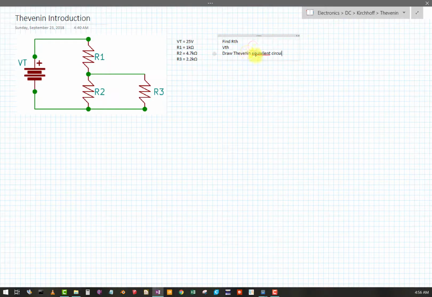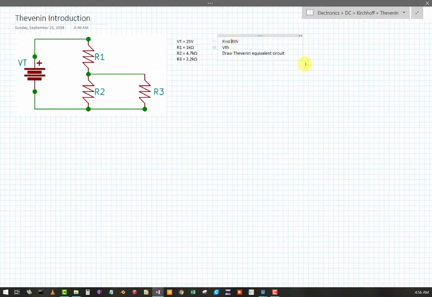Alright, let's see. Of course I can't spell today, or any day for that matter. Anyway, there we go. So we're going to draw the Thevenin equivalent circuit, and in this step we're actually going to do several redraws, and I'll show you those as we go.